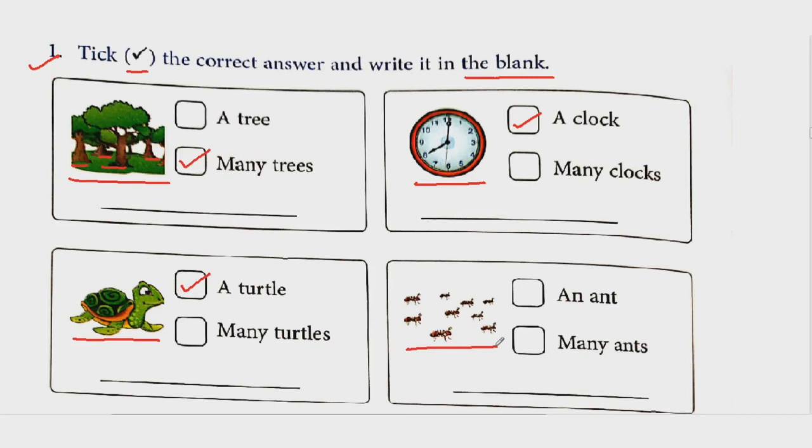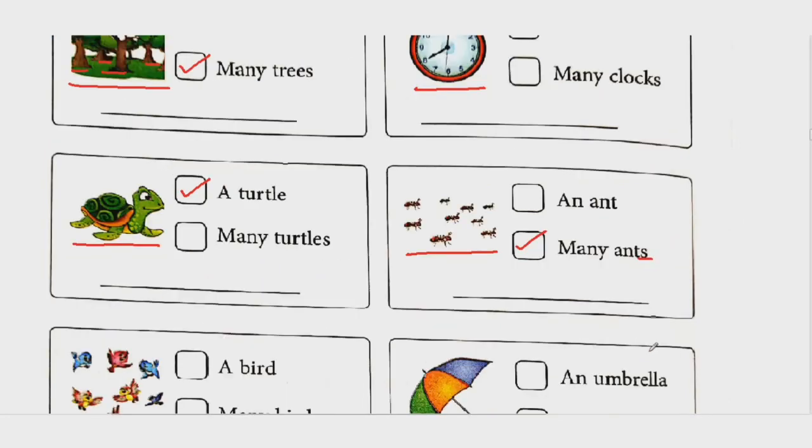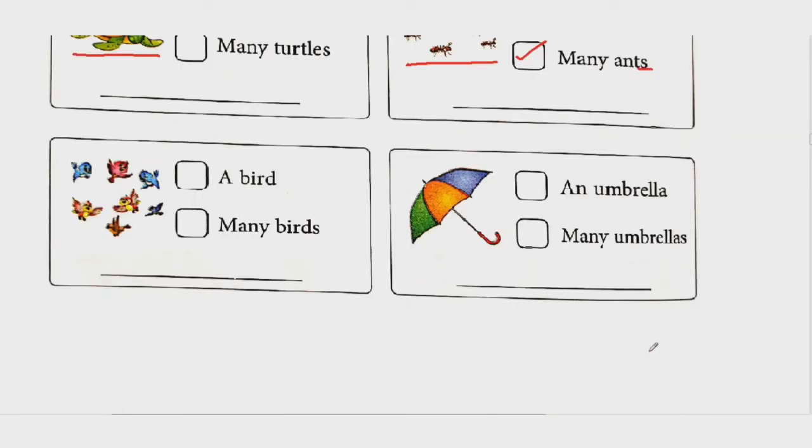Look at this picture again. What does it look like? Ant. So there is one ant or more than one? More than one. So tick on many ants. Because एक से ज़्यादा है ants. Now look at the next picture. What is this picture about? Colorful birds.